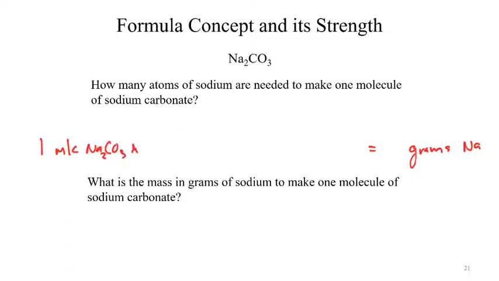And we set up the conversion just like we did before, sodium carbonate and sodium, and we might go through and say, well, this is just 2 to 1, like we've been following these patterns. But again, this is why it's important to include the substance in this. 2 what of sodium? 2 atoms of sodium make 1 molecule of sodium carbonate.